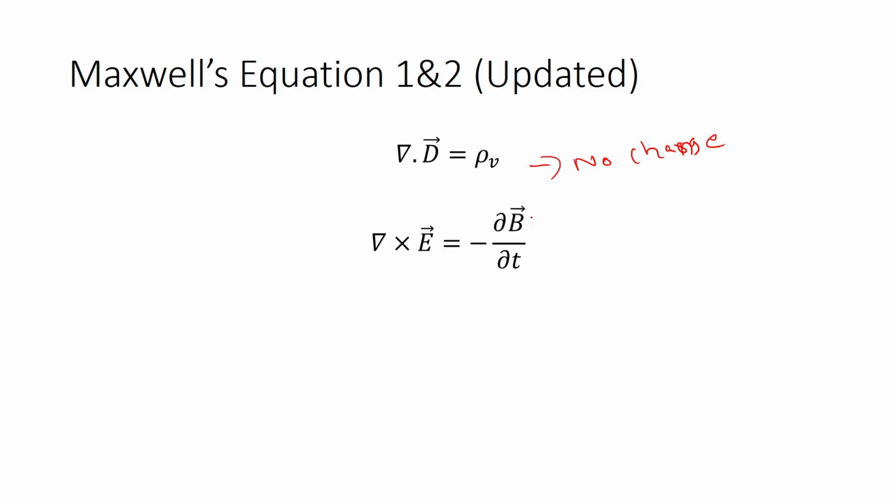And the second Maxwell's equation is that del cross E bar is equal to minus dou B bar by dou t, which says that if there is change in magnetic field or if there is change in flux linkage, then an EMF is produced which opposes the change in flux linkage. So del cross E bar is equal to minus dou B bar by dou t is the updated Maxwell's equation for time varying fields.